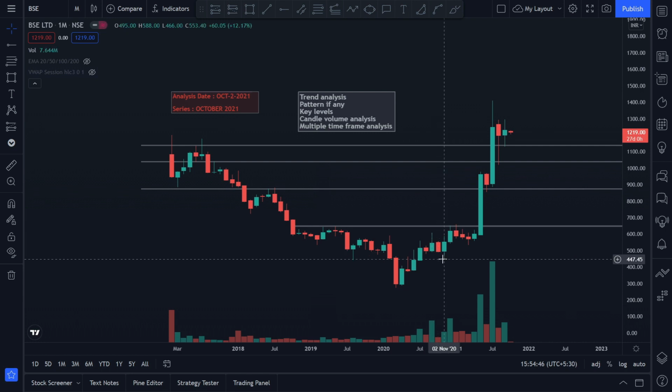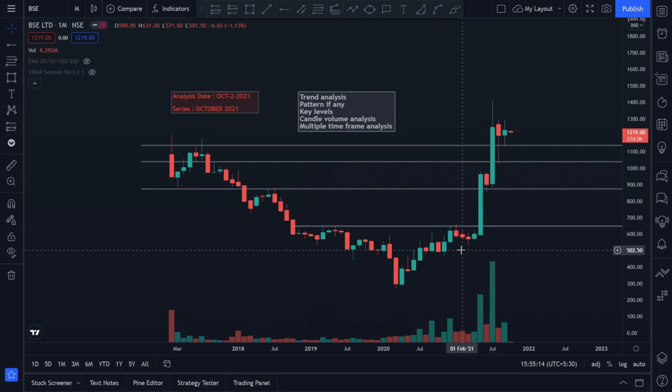If you see this candle, it is just 7 million volume with a return of 12%. This candle has produced a 60% return with a volume of 36 million, which is 4 to 5 times higher than the average candle size and average candle volume. So this tells you the story that bulls have entered the stock very strongly, breaking these two key levels and closing very strongly, in fact without much of a wick in the monthly candle.